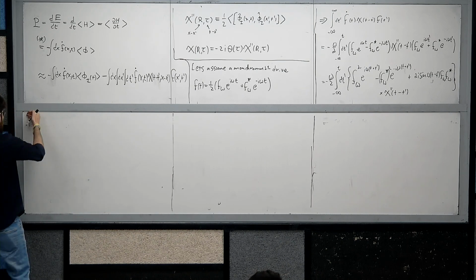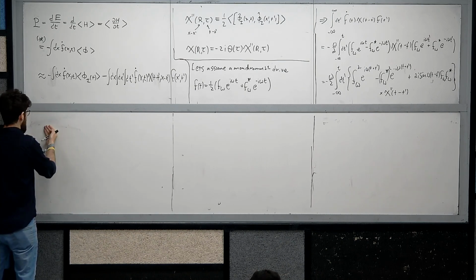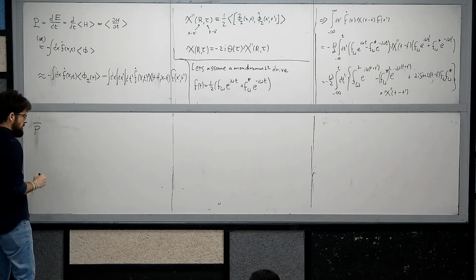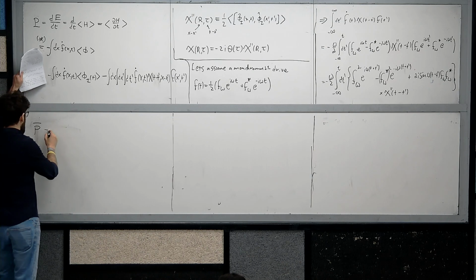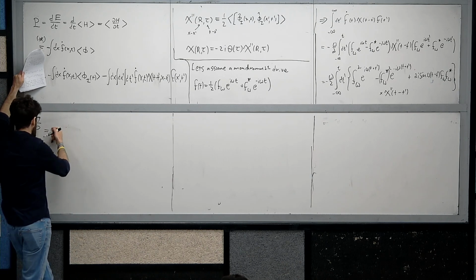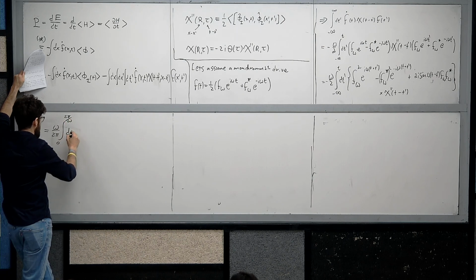So now what I want to argue is, let's say I write P average as 1 over, say, omega over 2 pi, the integral from 0 to 2 pi over omega dt of p of t.